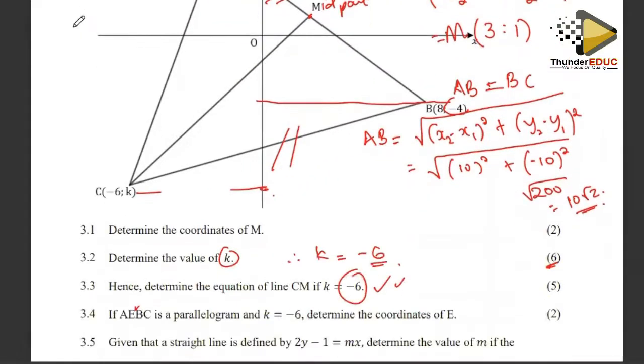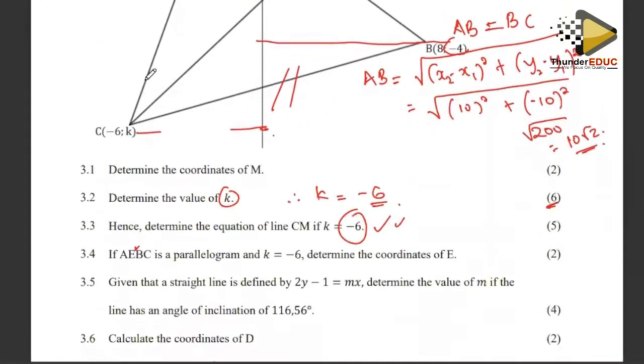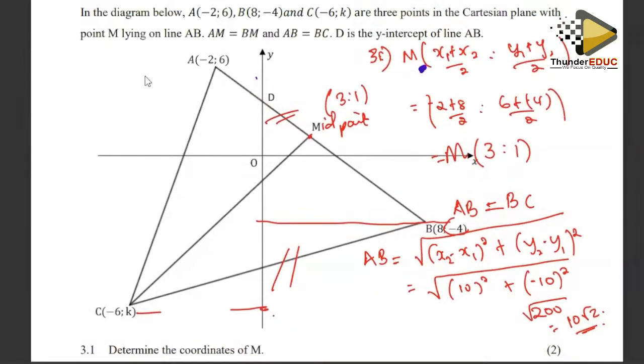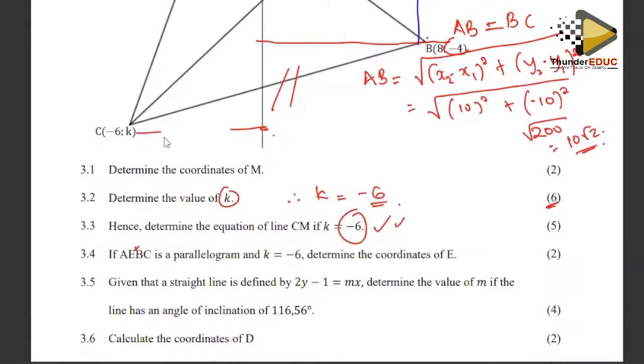A, E, B, C is a parallelogram, and K is -6. Determine the coordinates of E. So if this is our E, I'll just put XY. Okay, we have that. And then we have that. Don't mind the shape, we're just focusing on the parallelogram part. How many marks is it? It's 2 marks.